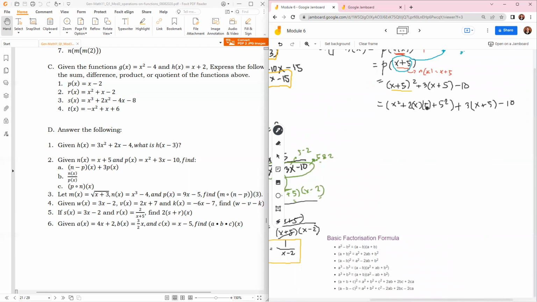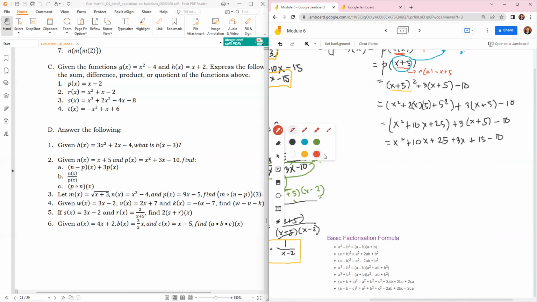That is x squared plus 2 times 5, 10x, plus 5 squared, which is 25. Let's remove the parentheses: x squared plus 10x plus 25. Then we distribute the 3 inside the parentheses: 3x plus 3 times 5, which is 15, minus 10.